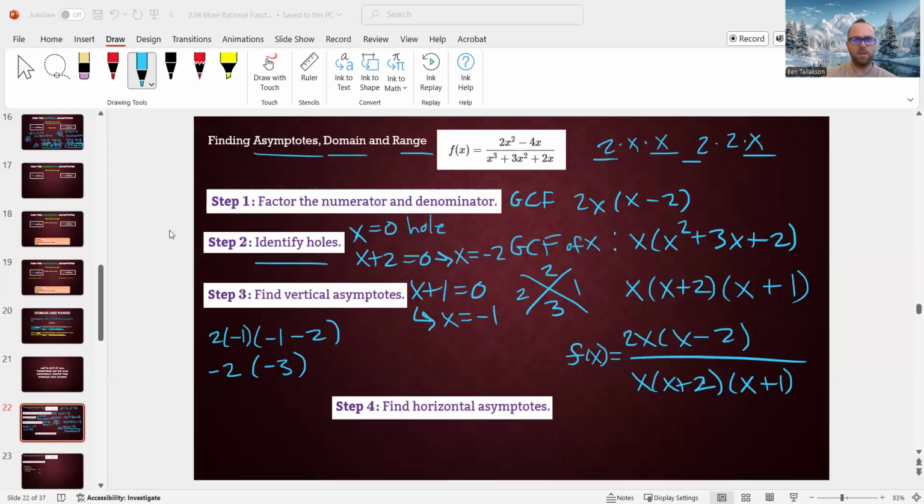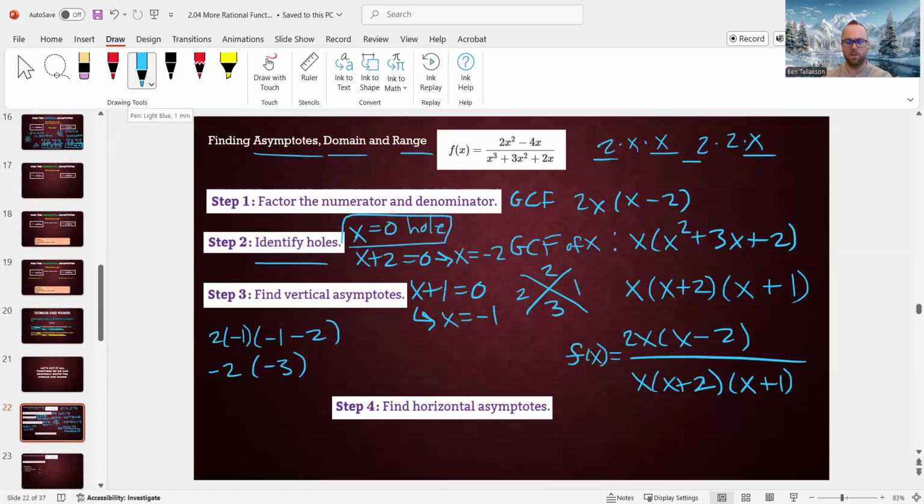Okay, so we identified one hole and vertical asymptotes. So remember how we found those before? Vertical asymptotes are basically those when you set the factors in the denominator equal to 0. So x equals 0 is a hole.